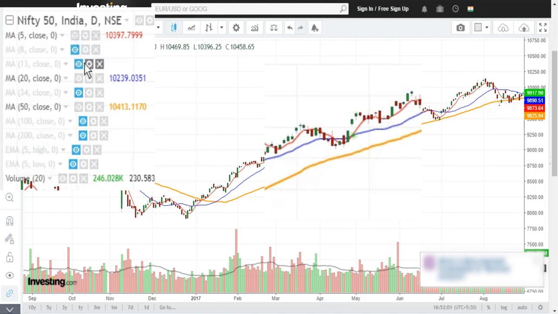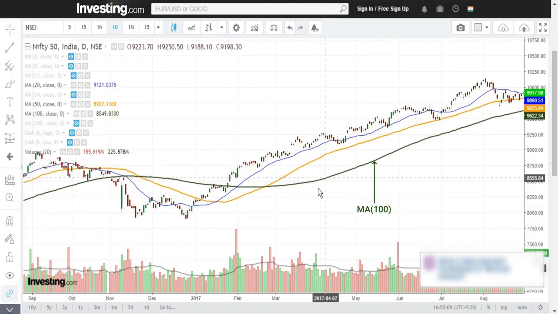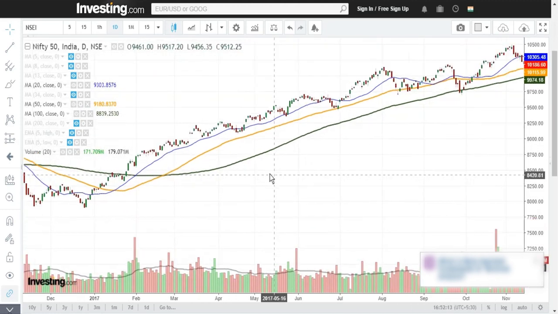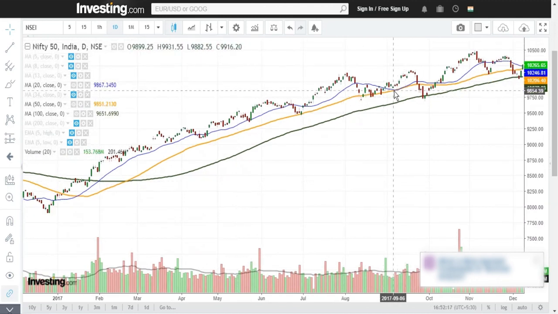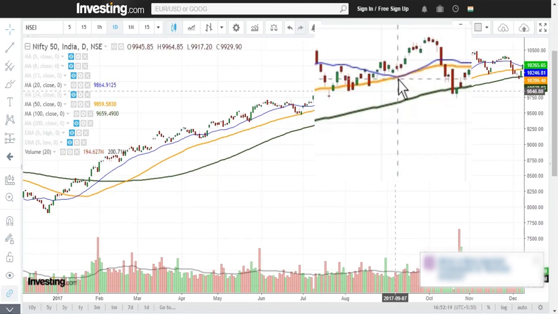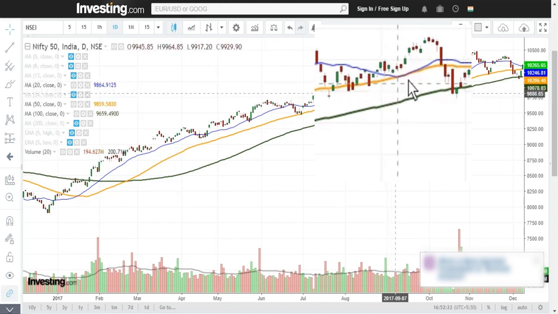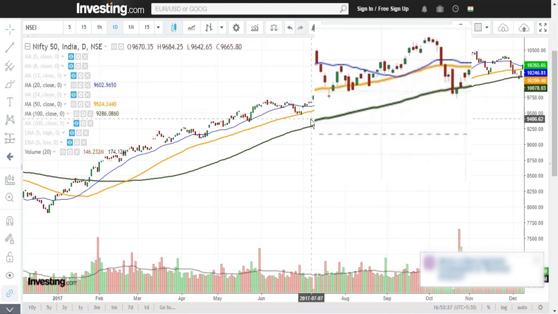Now let us look at a 20-50 kind of crossover. For a 20-50 crossover, we normally look at the 100 period moving average as it is sloping upwards, and we can see that such crossovers are happening, like here it touched the 50 period moving average, the 20 period, and as it went up, we can see that the price went quite higher.